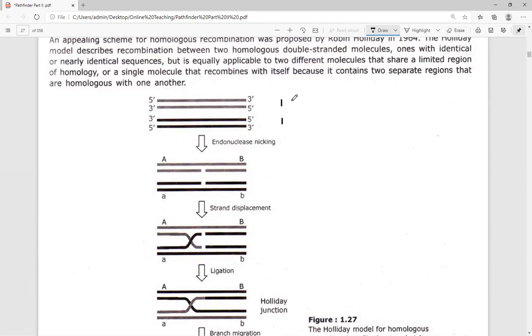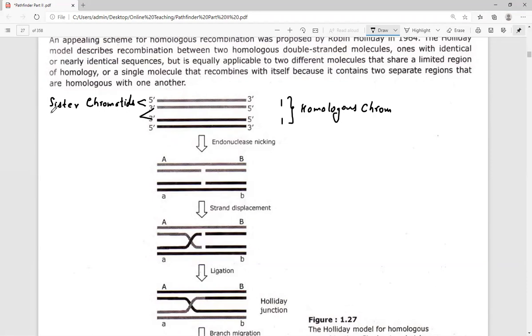So both of these are homologous chromosomes. These two are referred to as sister chromatids.